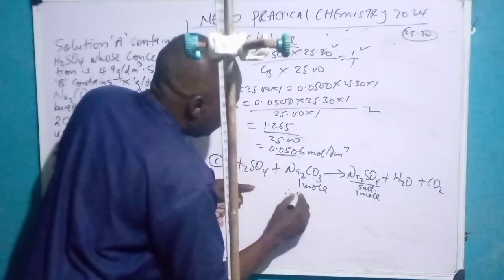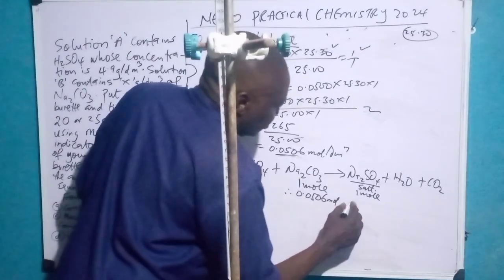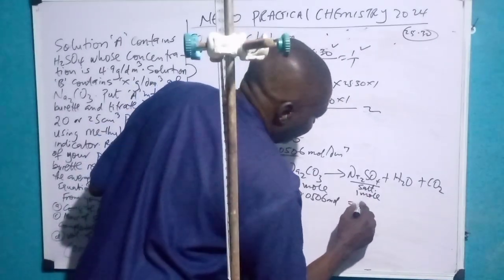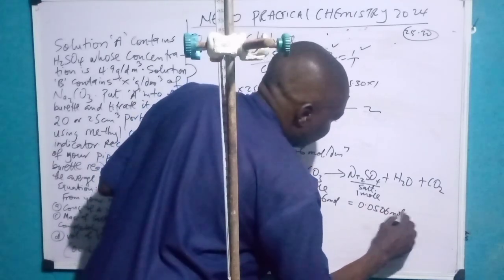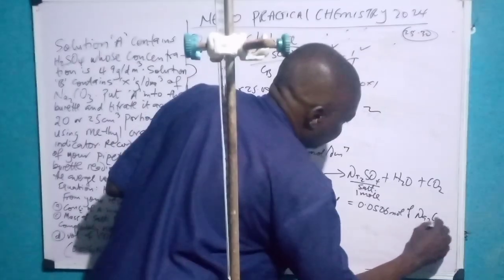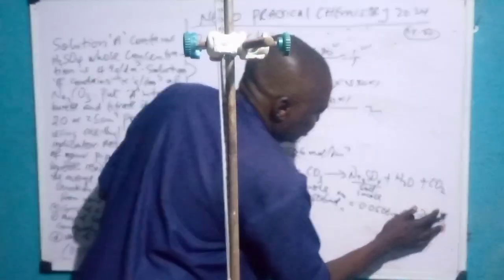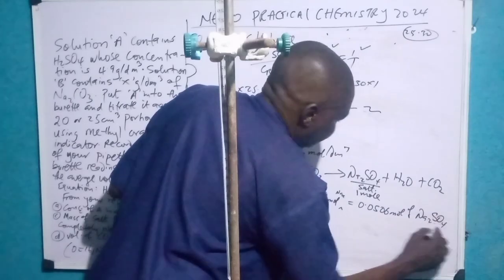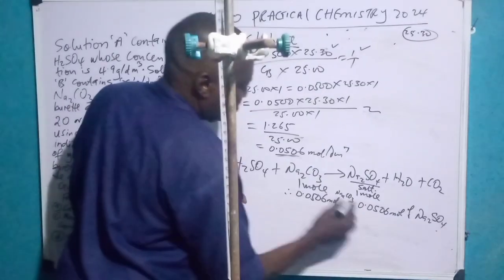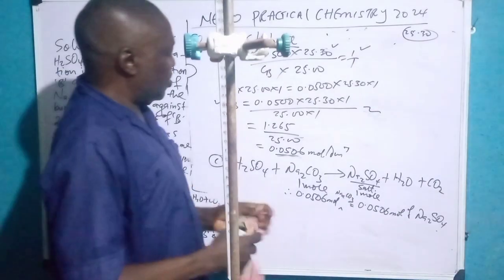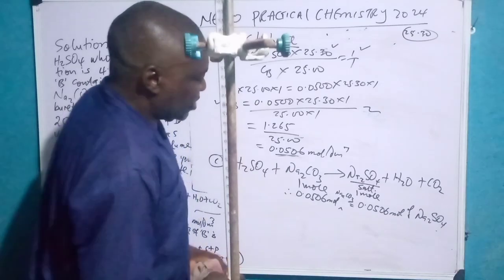Therefore, 0.0506 mole of this salt will be equal to 0.0506 mole of Na2CO3. So it's a simple relation. 1 mole of this gives 1 mole. Therefore, this one will give you this. So that's what you have.